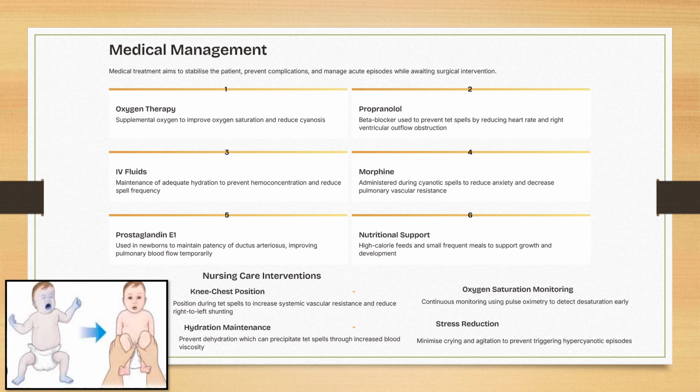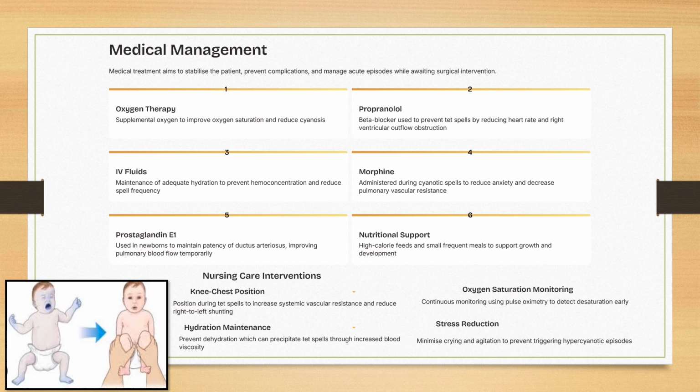In my previous videos, I discussed the ductus arteriosus. See, the ductus arteriosus should generally close after the first breath of the baby. This is normal. But because of TOF, especially for newborns only, we have to administer prostaglandin E1 to maintain the patency.